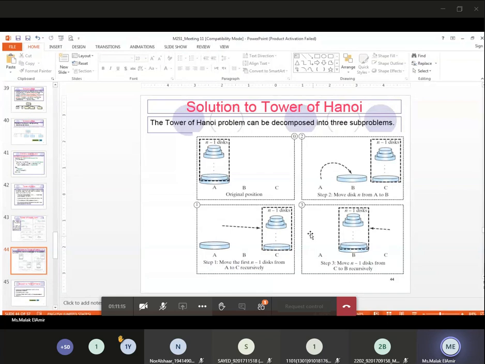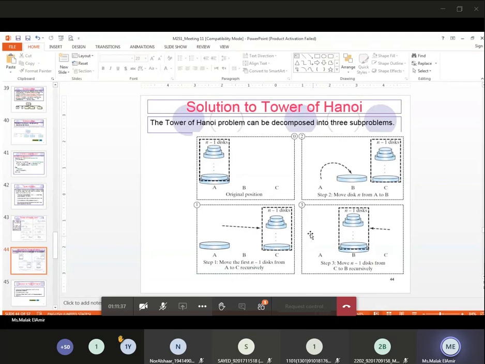So by this, the Tower of Hanoi problem can be decomposed into 3 sub-problems. What is the first one? Move n minus 1 to C, then move the big one to B, then return n minus 1 back to B. Again, the Tower of Hanoi problem can be decomposed into 3 sub-problems.